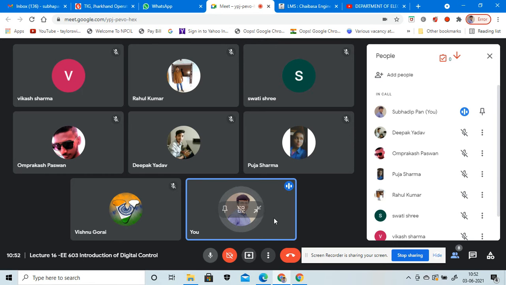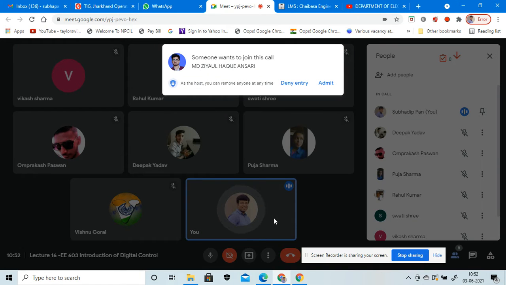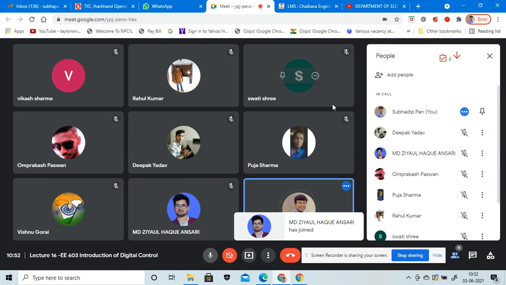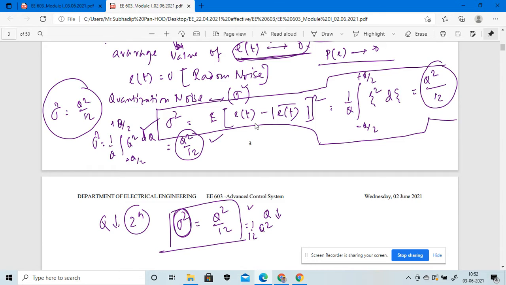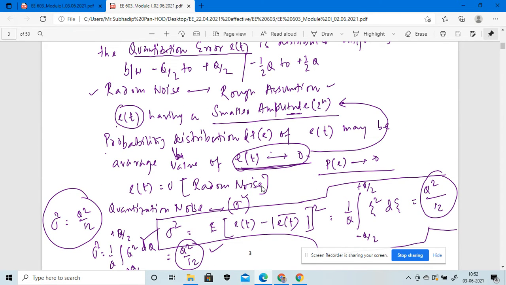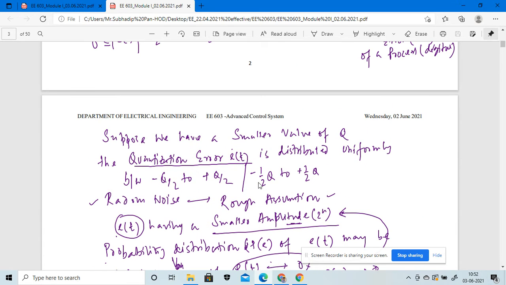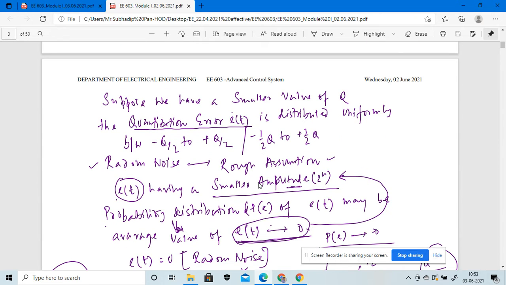Okay, so let's start our session for today. Yesterday we discussed quantization and the quantization error. We also discussed the different quantization levels, how we can represent the quantization noise, and the probability distribution of the quantization error inside the process, whatever process we can assign for a particular system.